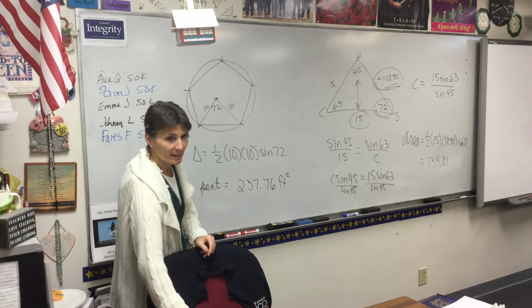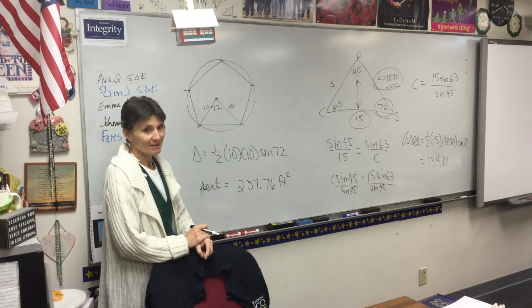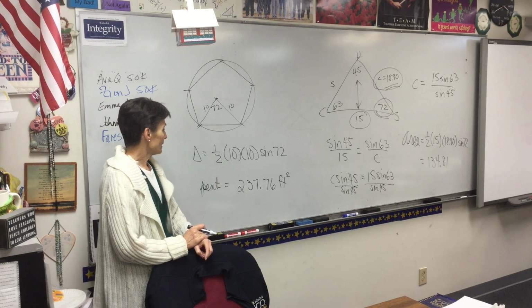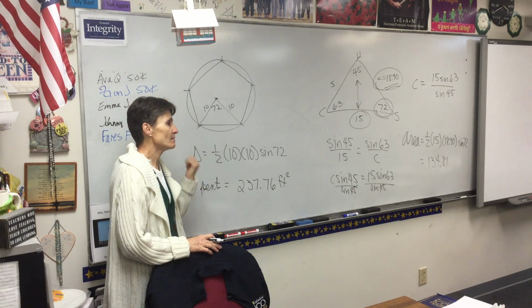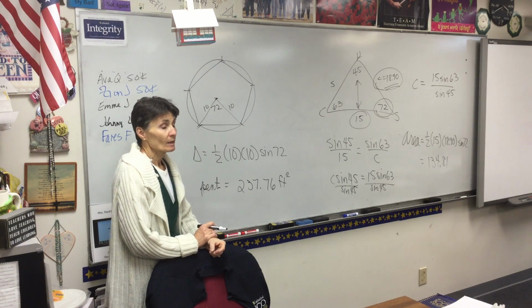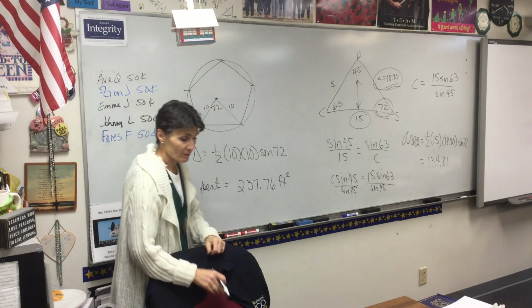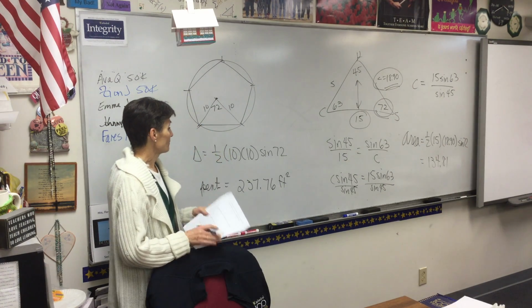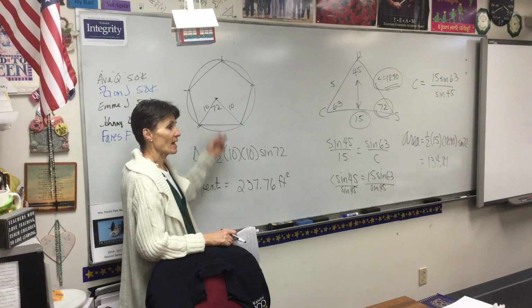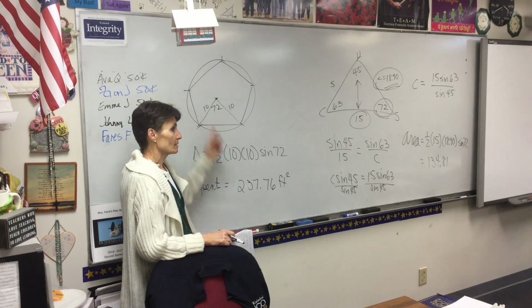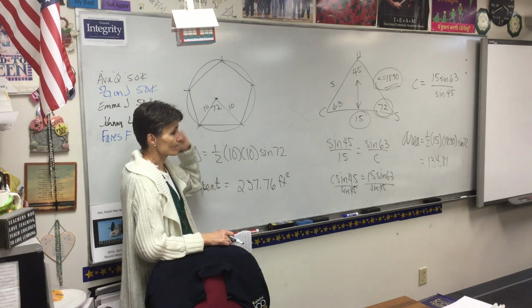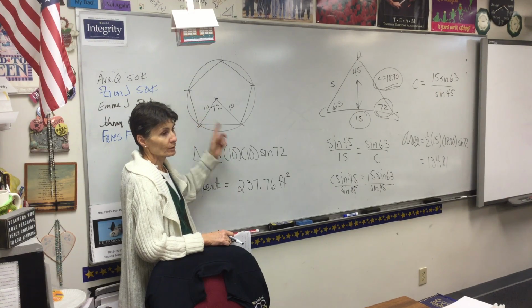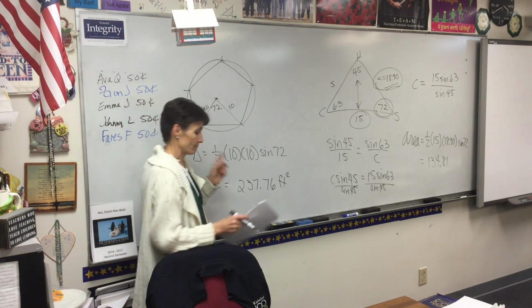What'd you forget, Caitlin? To multiply by 5. You gotta be careful. The first step on these is to find the triangle, and then you have to multiply by whatever you have to multiply by to get the whole figure. Anybody have a question about that? Were you able to do that, Jordan? Yes.